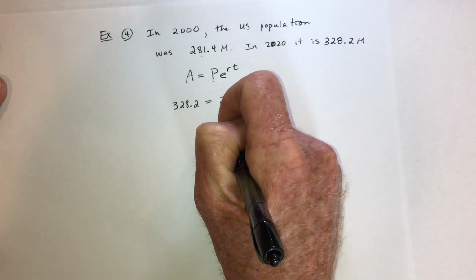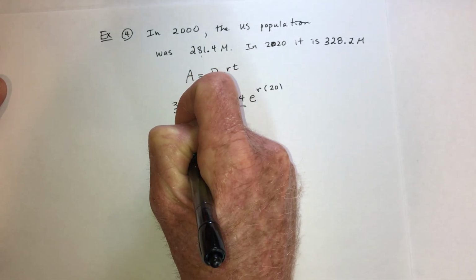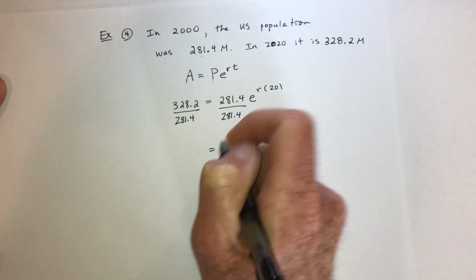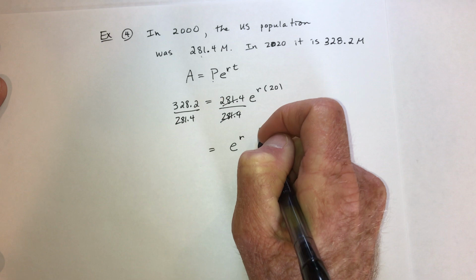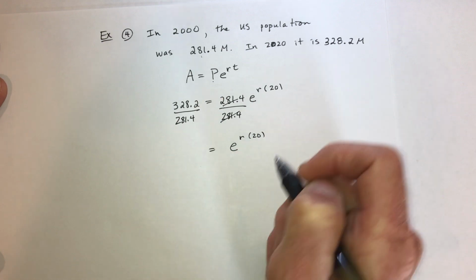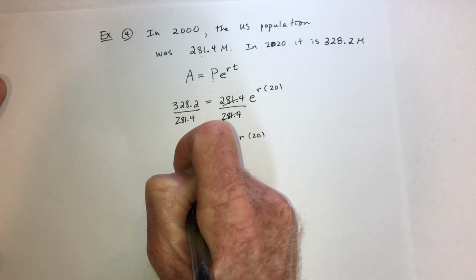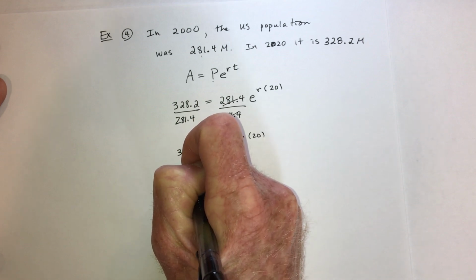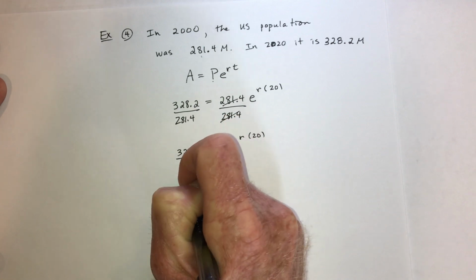First, divide both sides by 281.4. These will cancel. And then this part, don't literally divide and get a decimal. Just leave it as it is, because we're going to type it in the calculator in a moment.